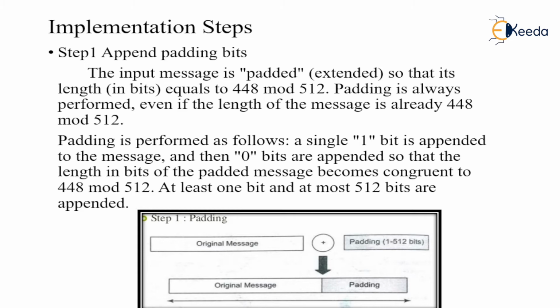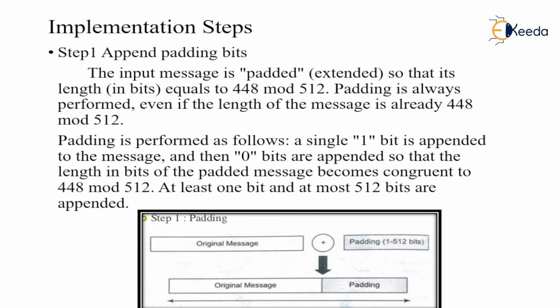Padding is performed as follows. A single 1 bit is appended to the message and then 0 bits are appended so that the length in bits of the padded message becomes congruent to a multiple of 512 bits. At least 1 bit and at most 512 bits are appended. The figure gives you the idea of how the padding takes place.